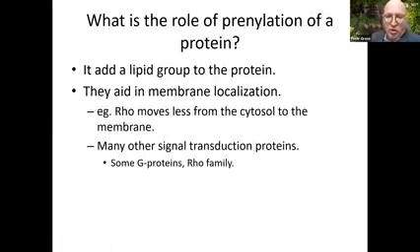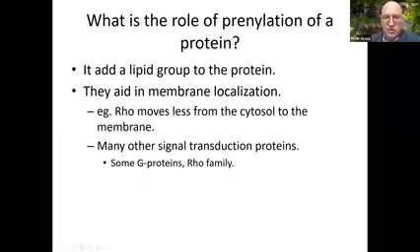So what is the role of prenylation? Why does a protein need to be prenylated? So a prenyl group is a sort of fatty group, a lipid kind of group that's added to the protein. So that will increase its solubility in a lipid medium. So it helps in localization to the membrane. I don't think the science behind this is 100% settled.